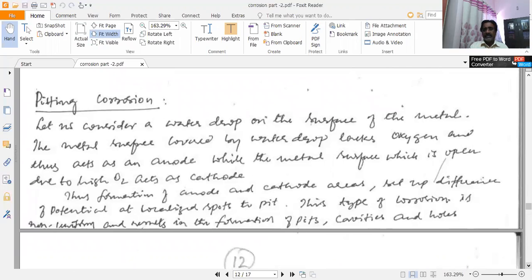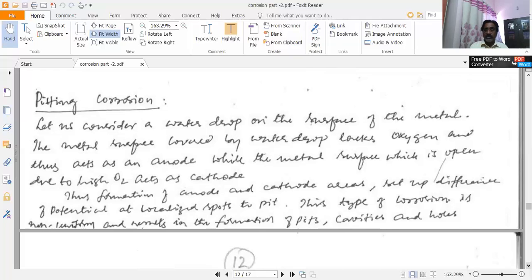Let us consider a water drop on the surface of metal. The metal surface covered by the water drop lacks oxygen and thus acts as anode, while the metal surface which is open, due to high oxygen concentration, acts as cathode. Thus, formation of anode and cathode areas sets up a difference of potential at localized spots to pit.